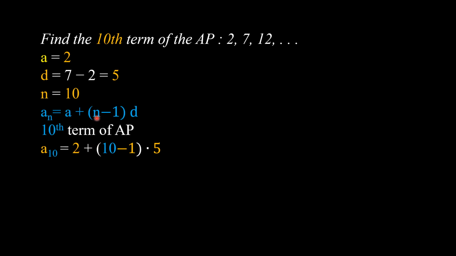In place of n, we have put 10 here, and in place of d we have put 5 here. So we get 2 plus 10 minus 1, which is 9. 9 5s is 45. So 2 plus 45 is 47. So we get the 10th term of this AP as 47, which means that 47 is the term of this AP which is placed at 10th position.